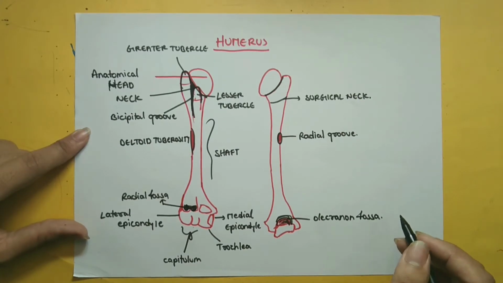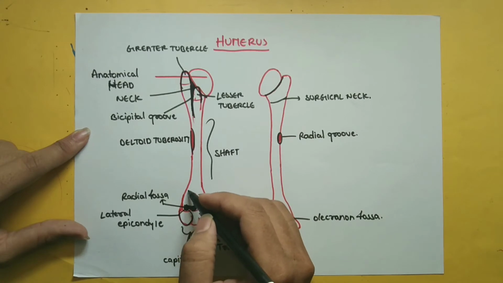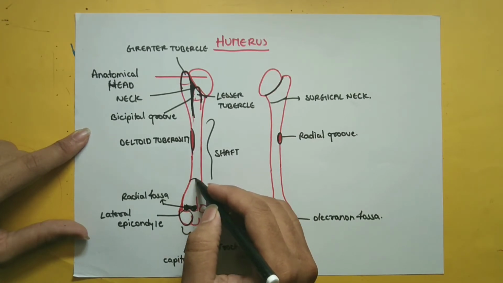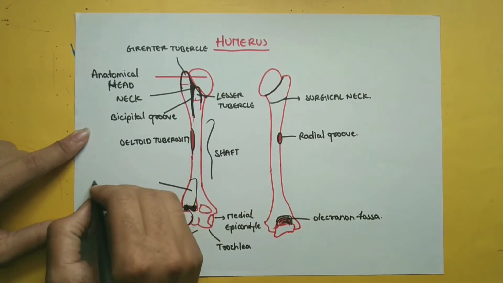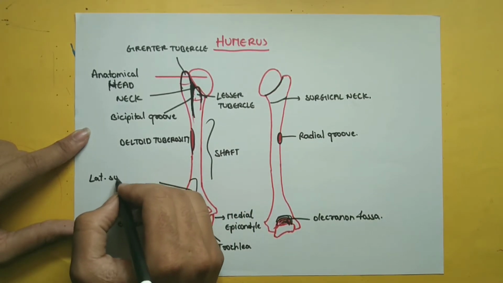And there are two ridges, as this is the lateral epicondyle, so this is the lateral supracondylar ridge.